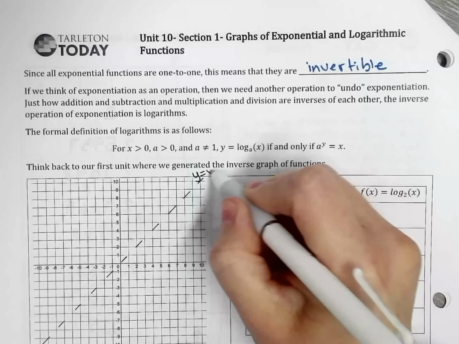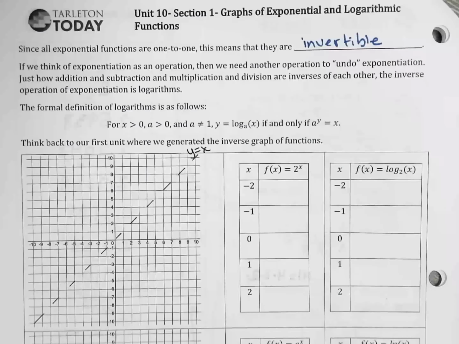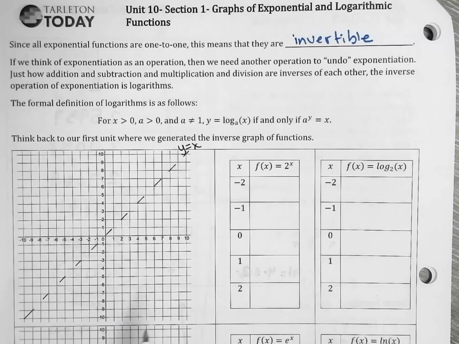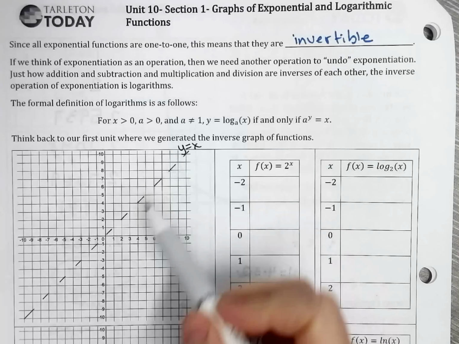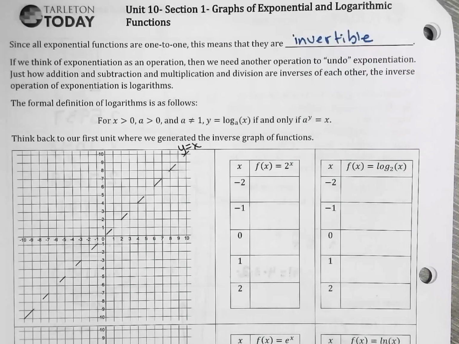So, the y equals x line. Inverse functions, if they intersect, would intersect at the y equals x line. They are a reflection over the y equals x line, and their x and y coordinates switch.